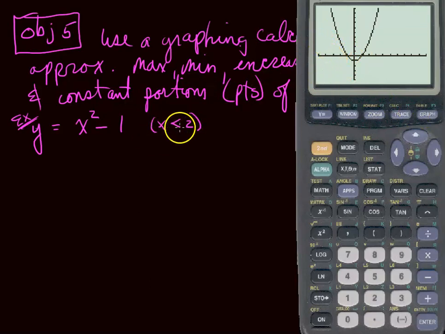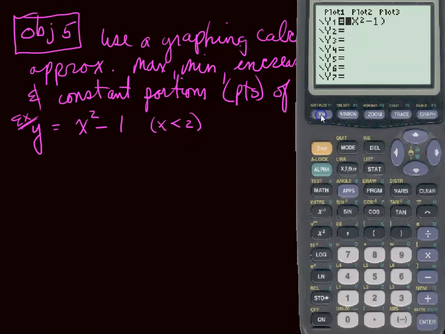How do you include an x is less than 2 portion of this? Well, that's what the parentheses are for, on this calculator at least. Go back to the y equals, and after this in parentheses, it's got to be in parentheses because it uses this idea of multiplication, and when you get zeros you don't plot, and if you get other numbers you do plot.